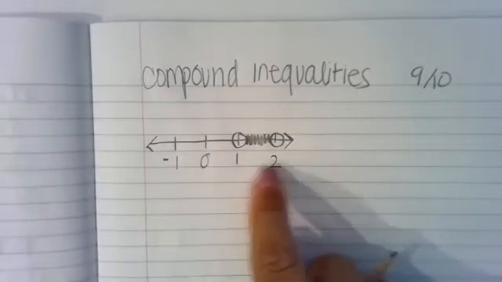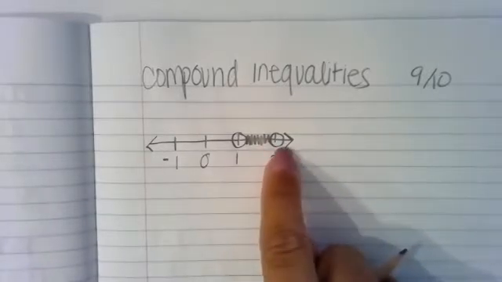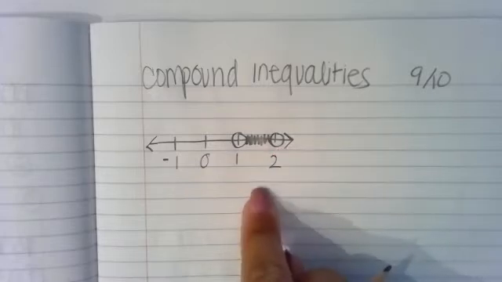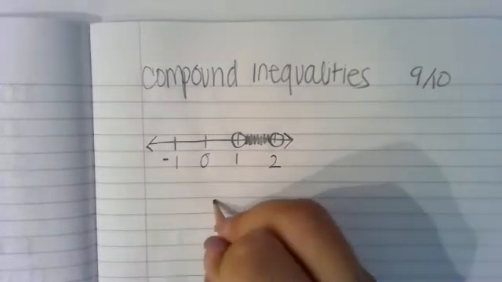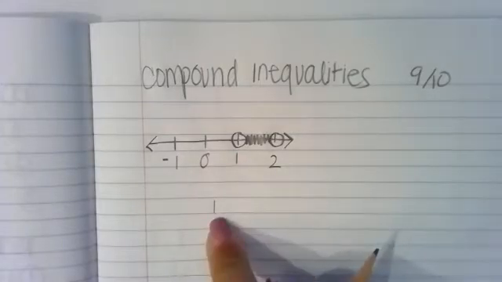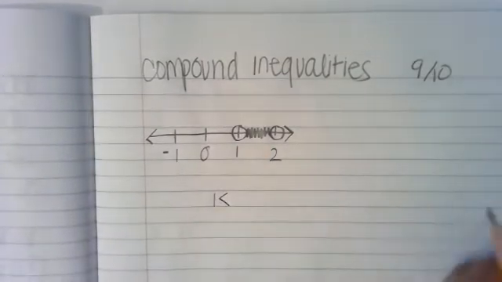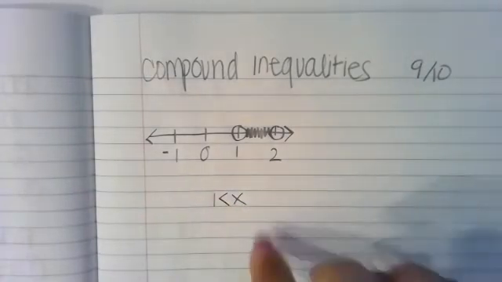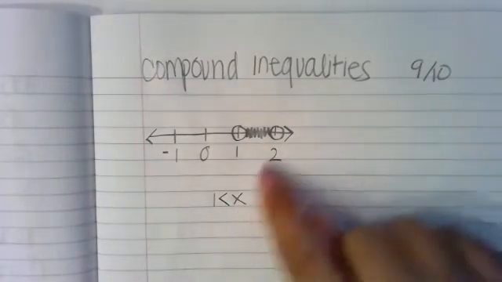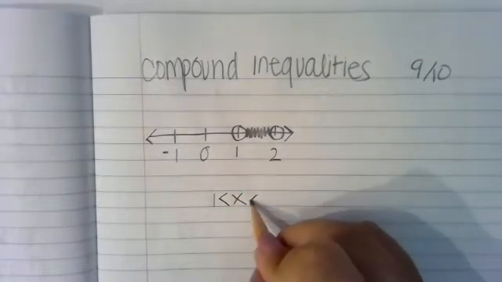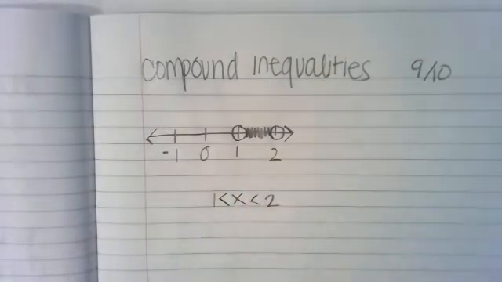I don't have closed dots, so there's no equal to. That's the first part. And I should start with 1, because we always write from least to greatest. So 1 has to be less than x, or whatever variable you want, but my x has to be less than 2.